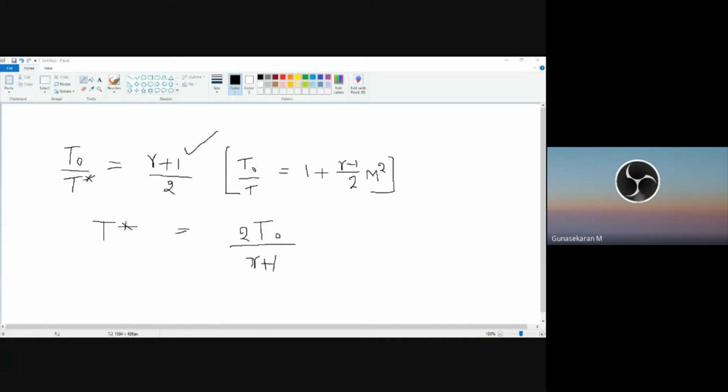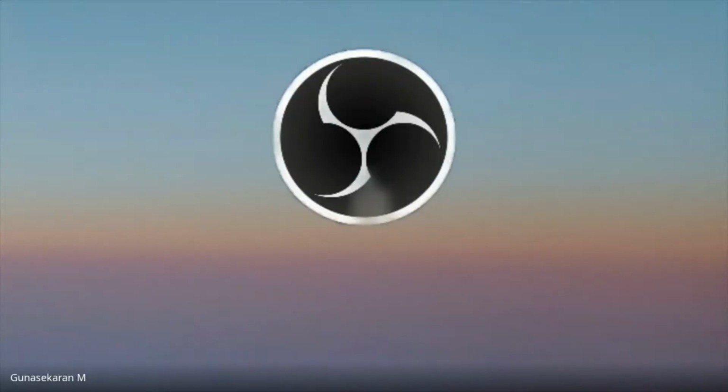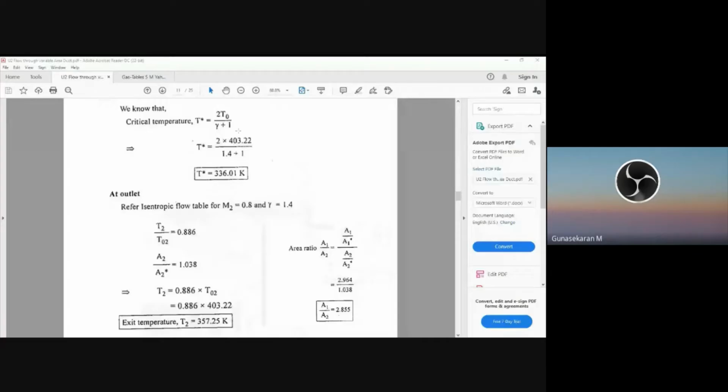Okay, so hopefully this is clear. Based on this formula only, we are going to the next one. That formula says T star equal to 2 T naught divided by gamma plus 1.